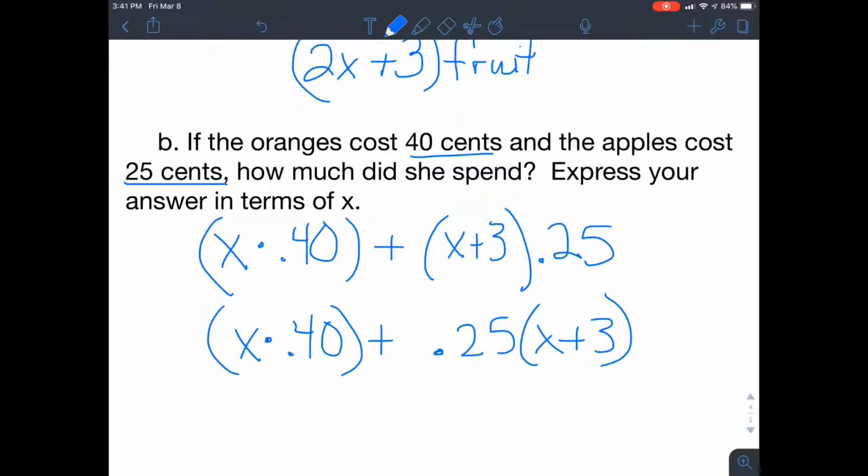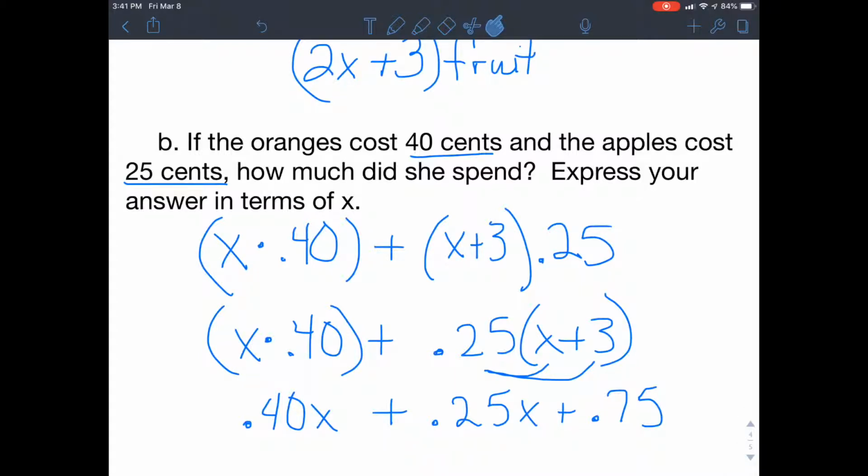Okay, so now I just need to multiply. Well, X times 0.40 is just going to be 0.40x. That was easy enough. And then I need to expand this. 0.25 times x is 0.25x. 0.25 times 3 is 0.75.